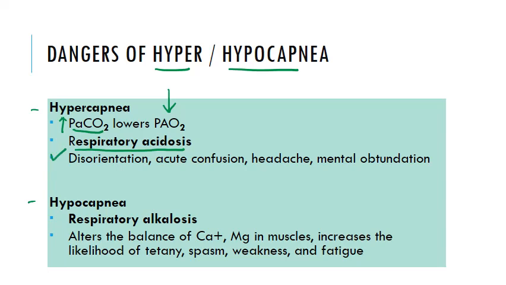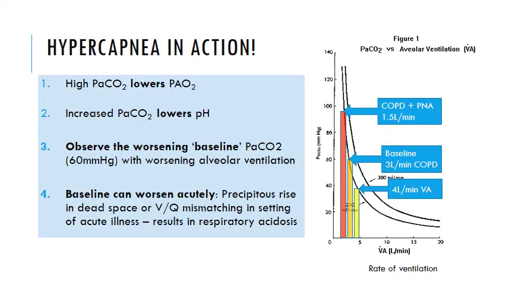Common clinical symptoms that you will see will be disorientation, acute confusion, headache, mental obtundation, and in the most extreme examples, coma. Hypocapnia, on the other hand, is due to a reduction in PaCO2 levels and causes a respiratory alkalosis. This has been seen to alter the balance of calcium and magnesium in the muscles, increasing the likelihood of tetany, spasm, weakness, and fatigue.